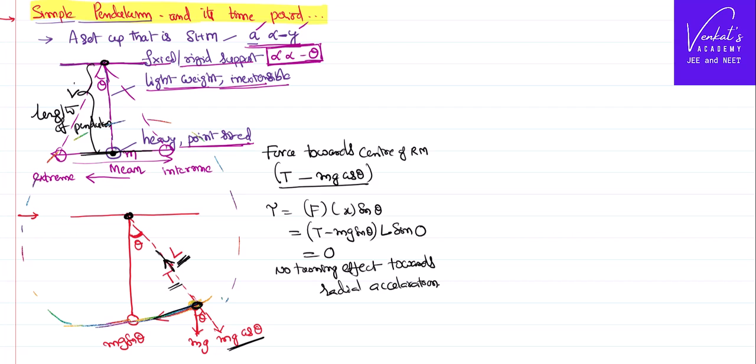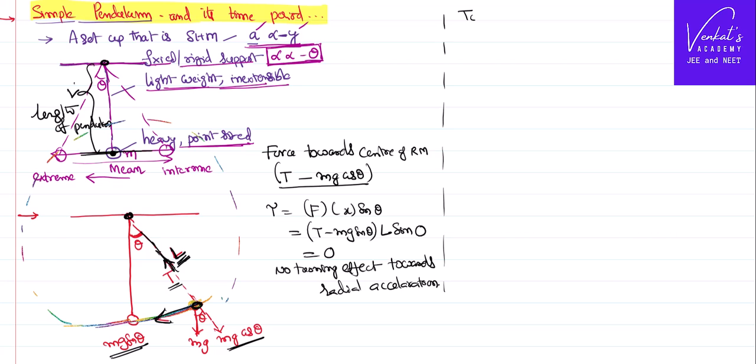Let's talk about the other part. This part, mg sin theta, is in this direction, and L is in a different direction, so there's a turning effect due to that. So let's find out the turning effect of the other part.